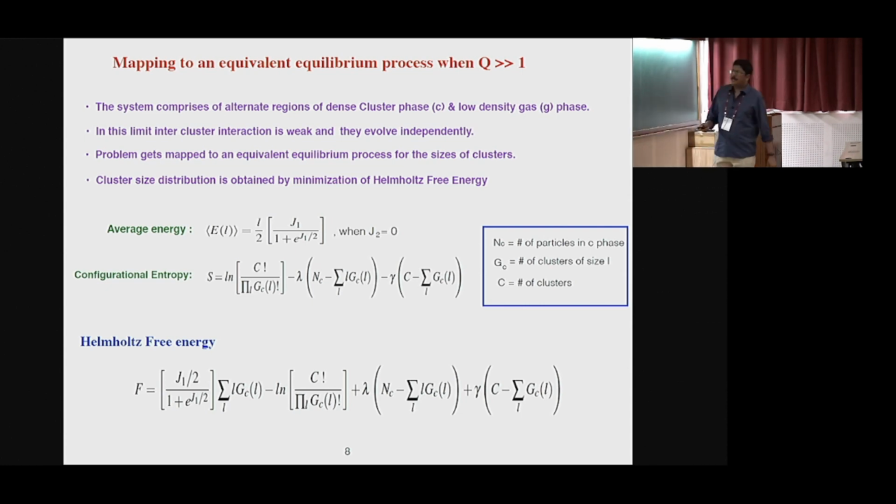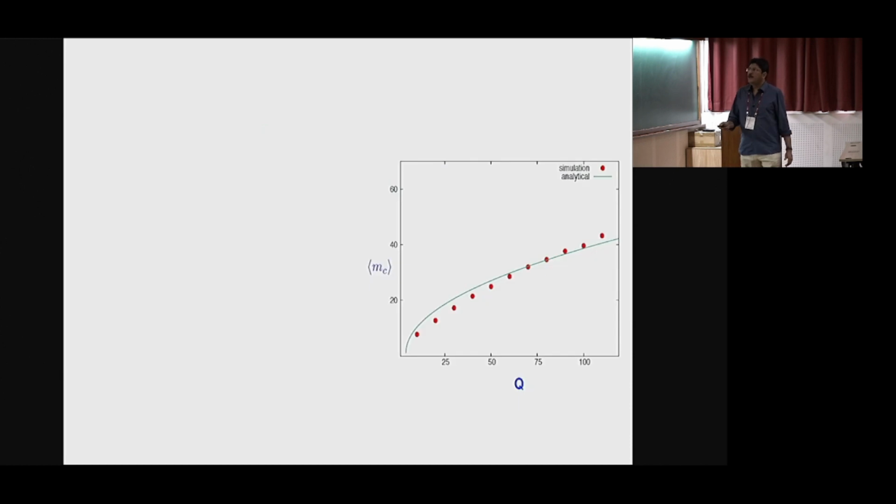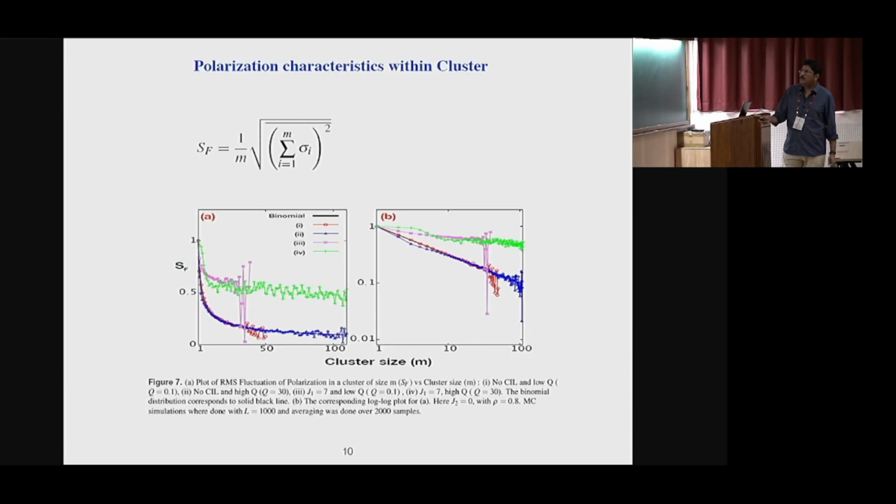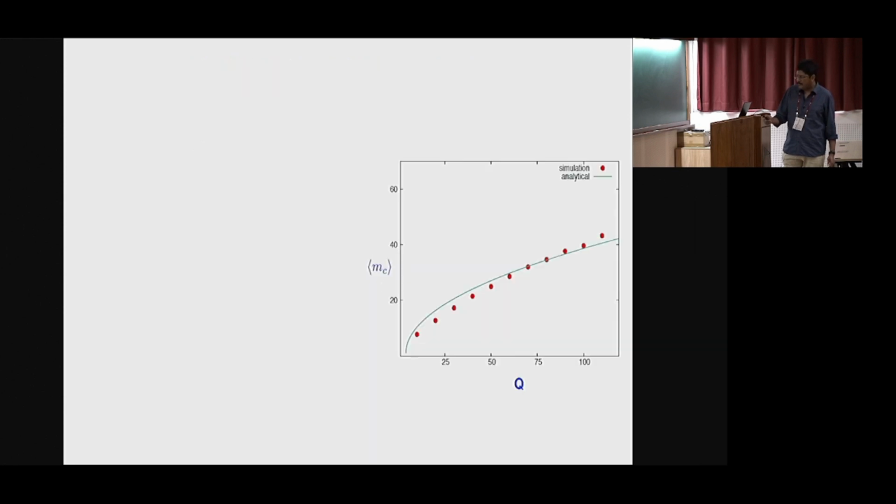Once you do that, some of the things are missing, but at least approximately you see this kind of Q to the half power dependence. This is the comparison of this analytical calculation with the simulation result.